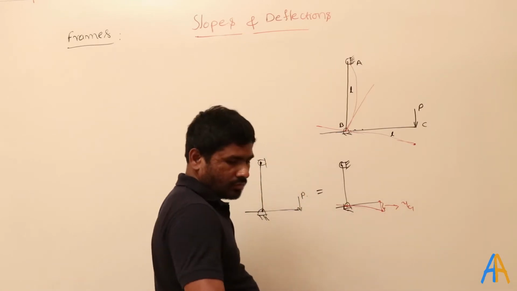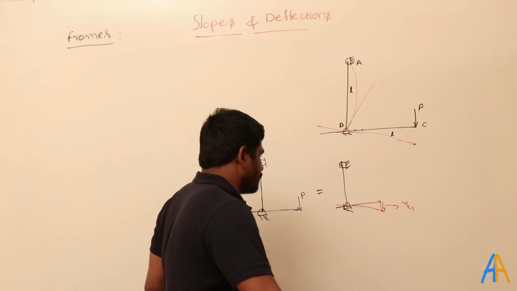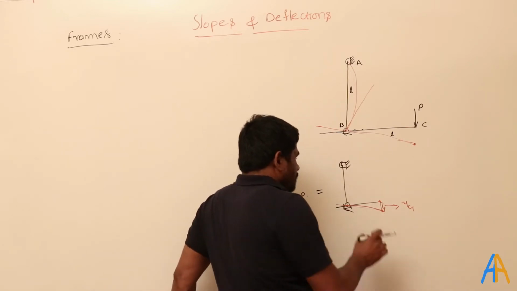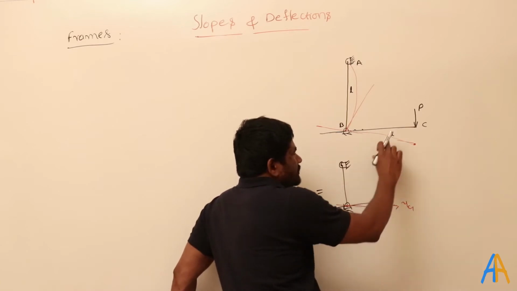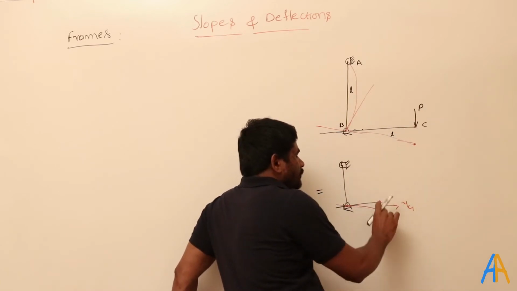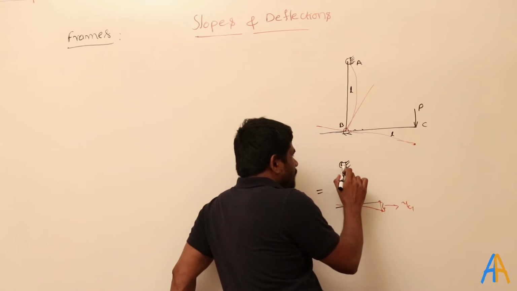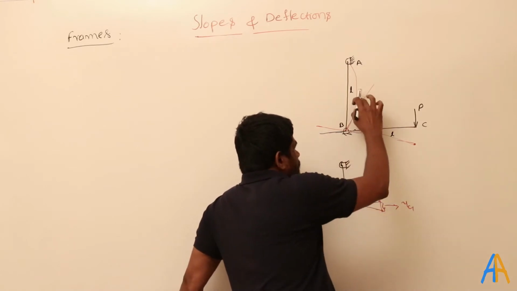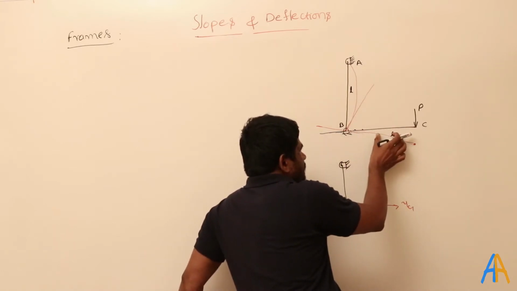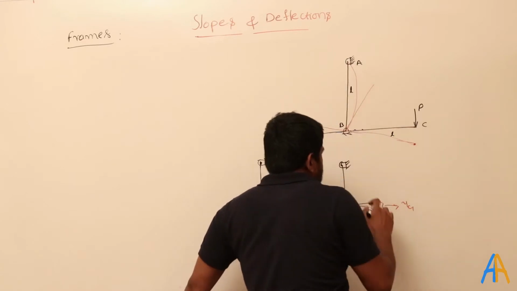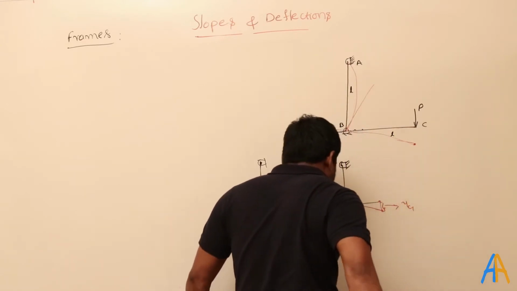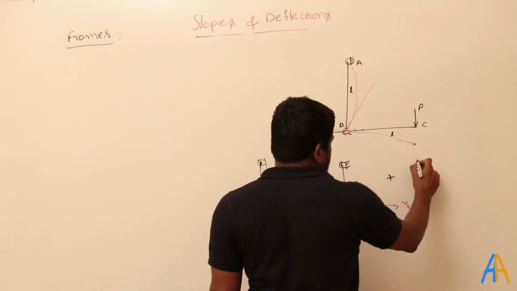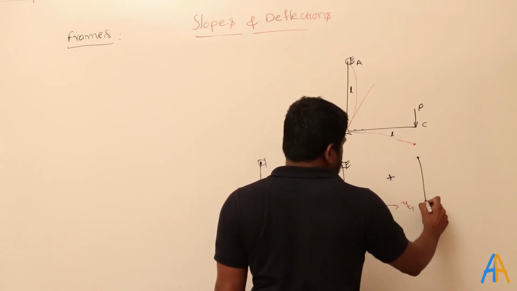Now I will take this as remaining constant. The force is not trying to deflect this further, but this beam is bending. See, I have taken them individually. First this deflected, and after that this beam is bending. This is the original position.